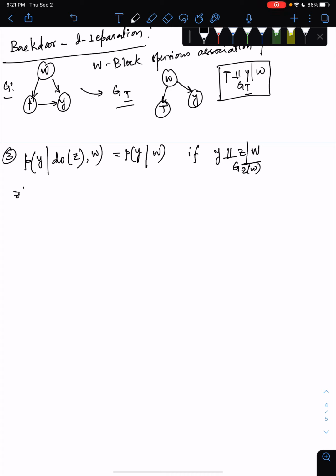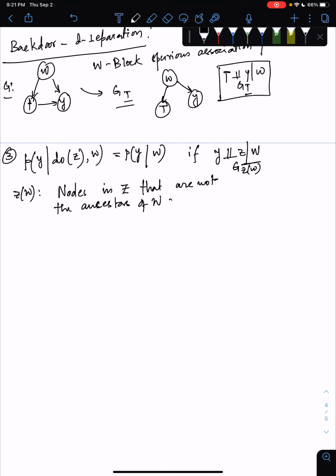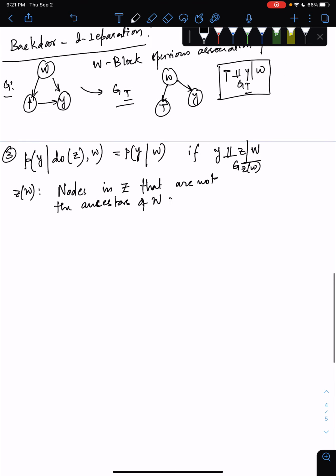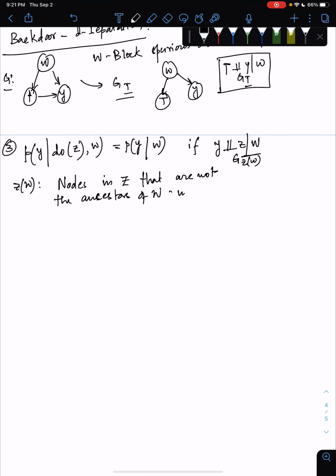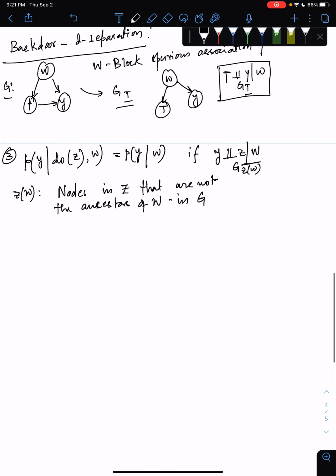Generally this means the nodes in Z that are not the ancestors of W in G. Okay, so we are considering this particular graph.